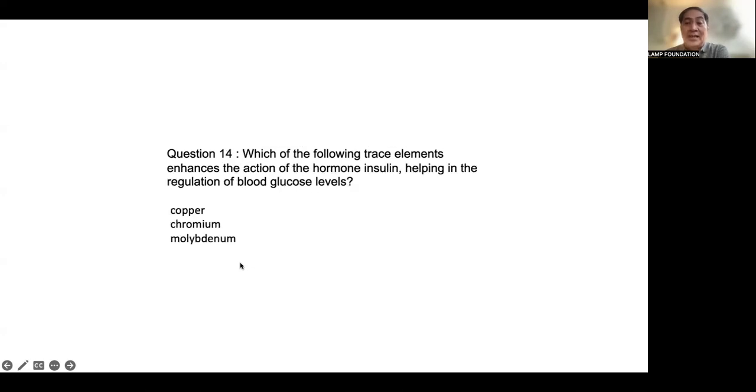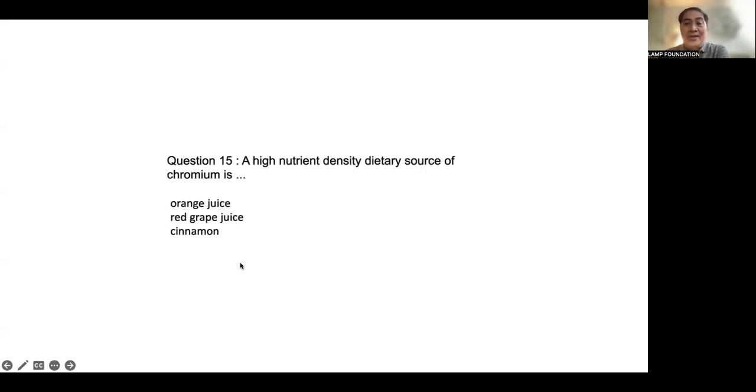Which of the following trace elements enhances the action of the hormone insulin, helping in the regulation of blood glucose levels? This is already proven. Chromium, Doc. By mga chromium picolinate. I'm sure expert niyan si Ma'am Janine. Okay. A high nutrient density dietary source of chromium is red grape juice, Doc, together with the seed. Yes.